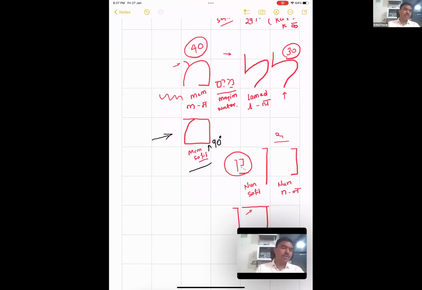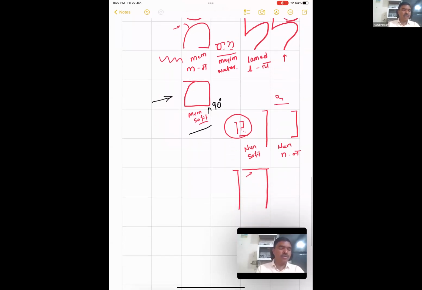Then next we saw Noon and Noon Sofit. Noon gives an N sound, and in Noon Sofit the line goes below the box. When the Noon comes at the end of the word, then you have to write it in the Sofit form.